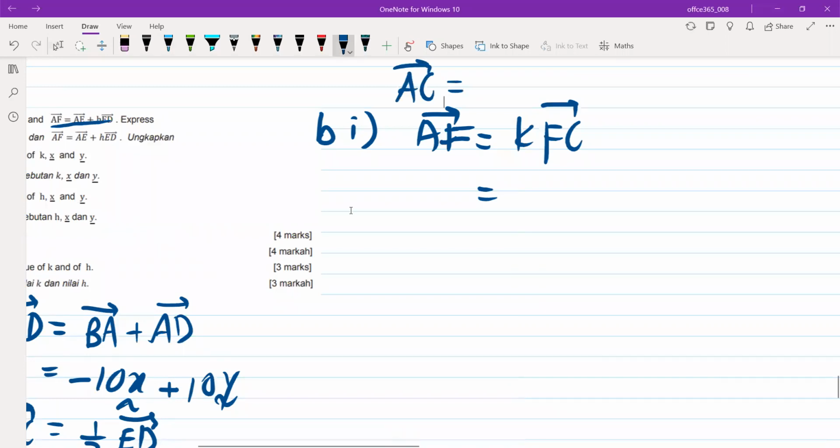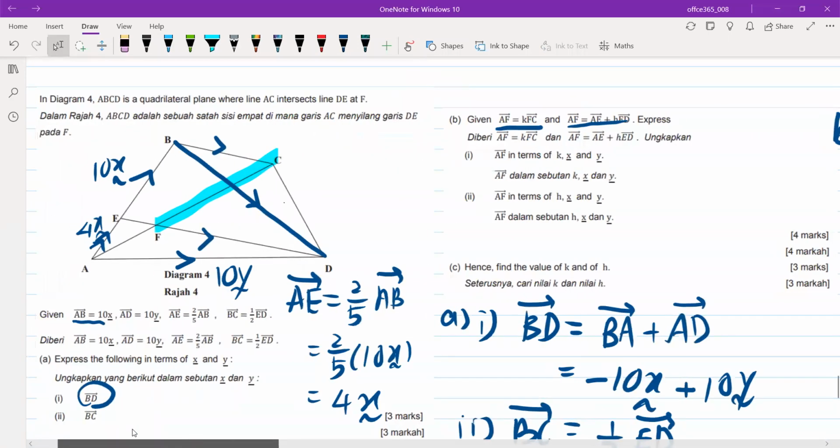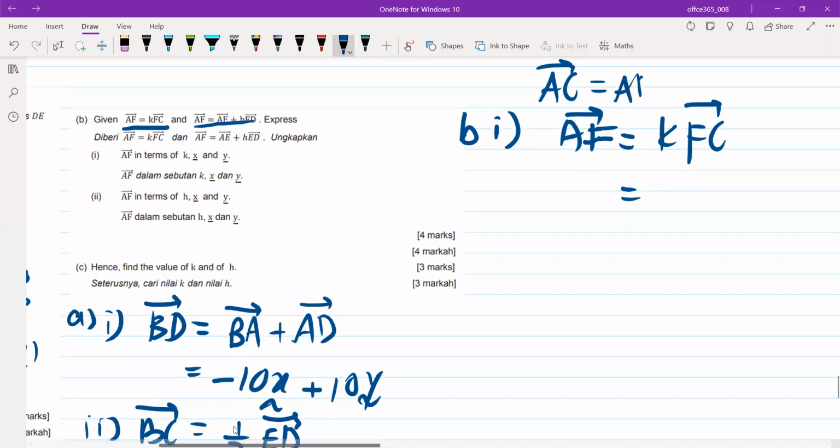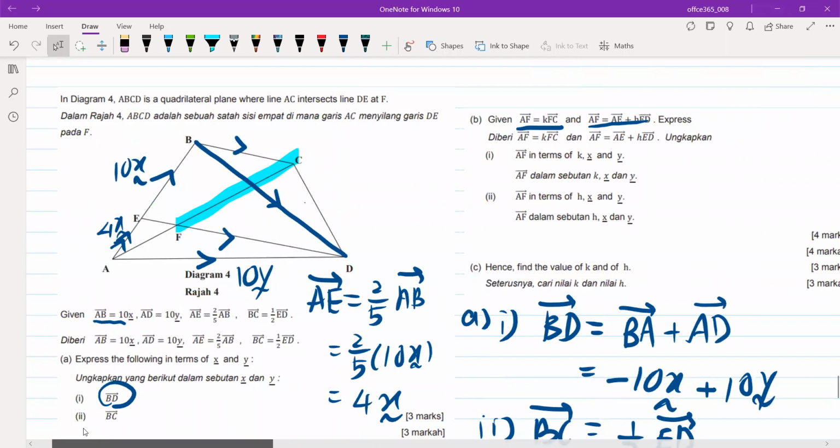Vector AC equals AB plus BC. You have AB and you have BC, then you can solve it already. AB is 10x.